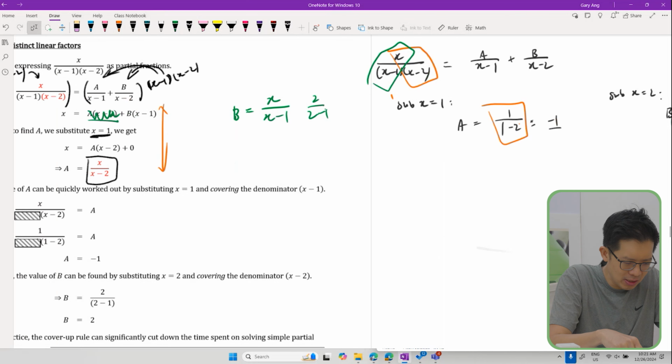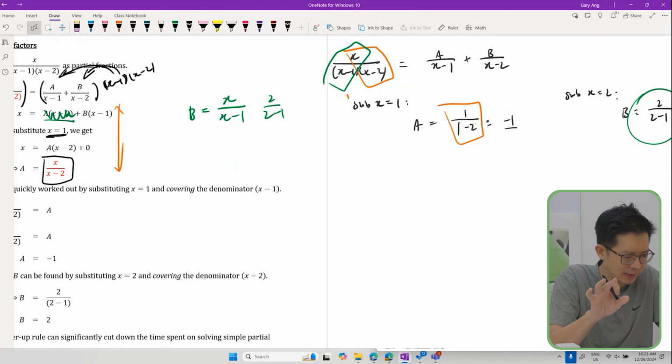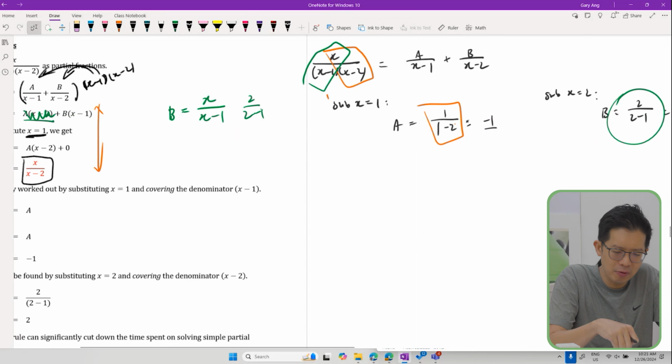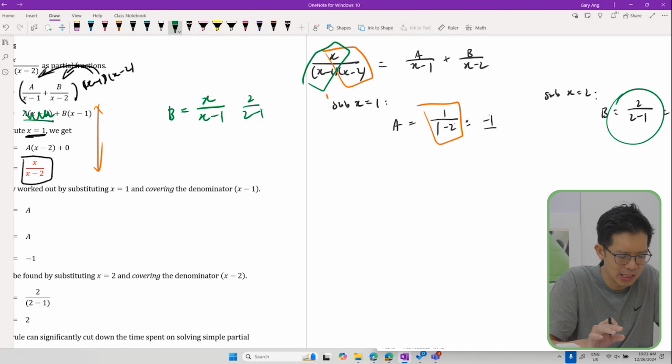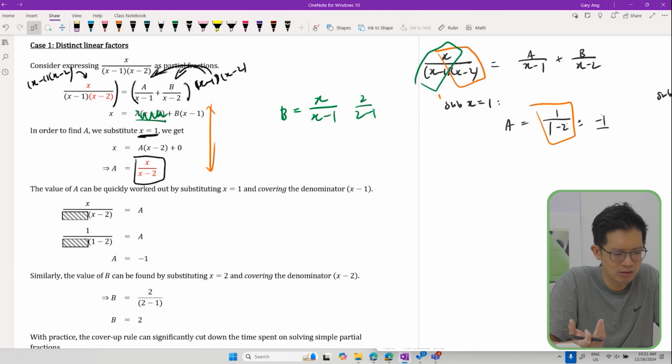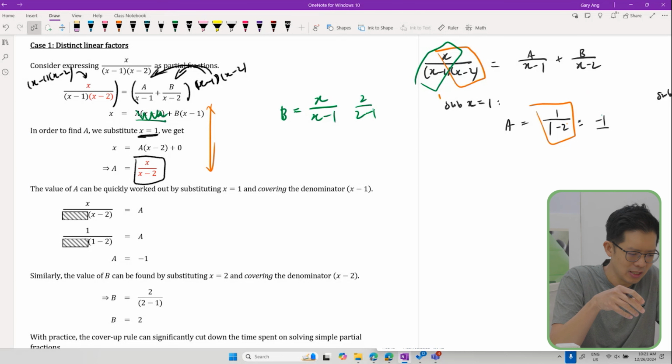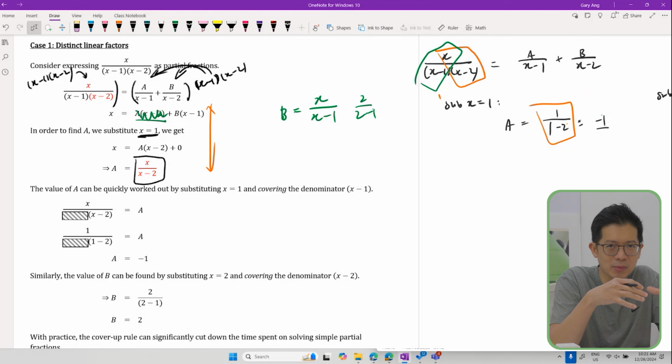To be seriously honest, yes, it can be faster, especially when the numbers are integers, whole numbers like this, and easy to calculate. It may not be that much of a shortcut if the numbers are fractions, because the calculation may be more cumbersome, and you may end up still using a calculator.